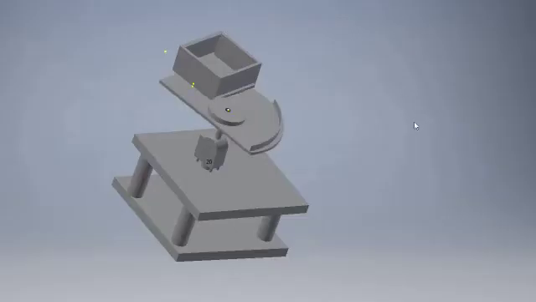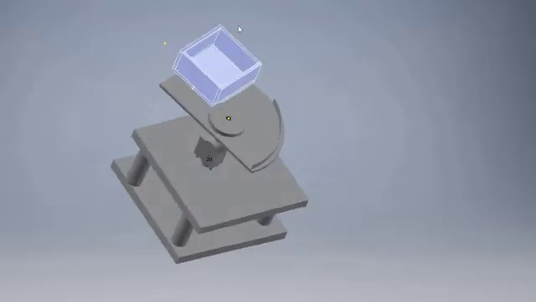As you can see, the machine after assembling will look somewhat like this. First I'm going to introduce the subsystems of our machine. The first subsystem is the holding unit. As you can see, I have highlighted the holding unit, which holds the disc here.